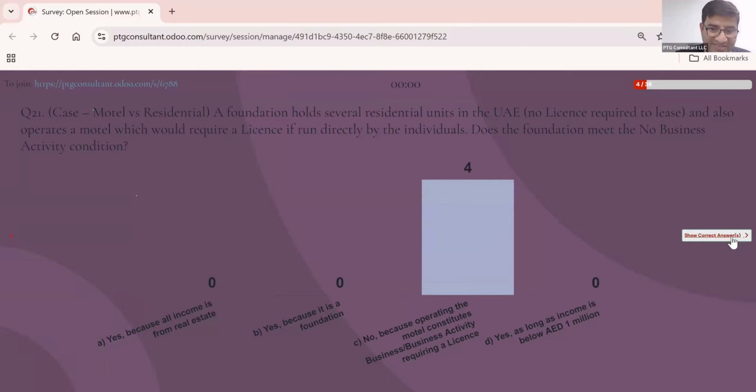Here the first condition is met, but the second condition, operating a model which requires a license, is not. This part is also given as an example in the FTA webinar to highlight this case.